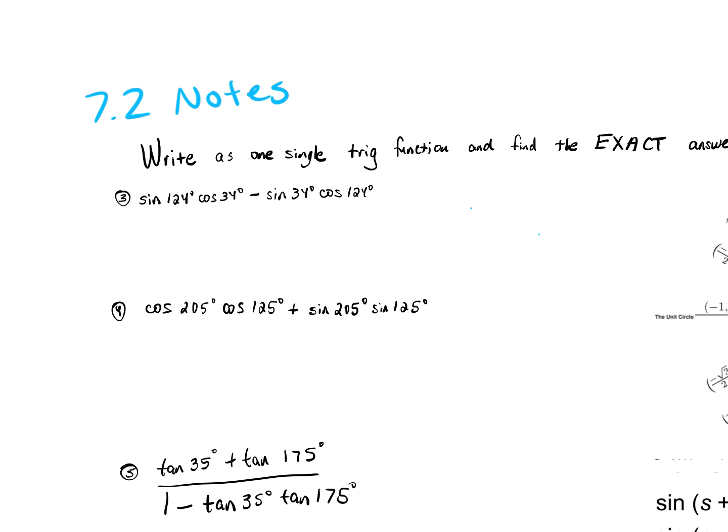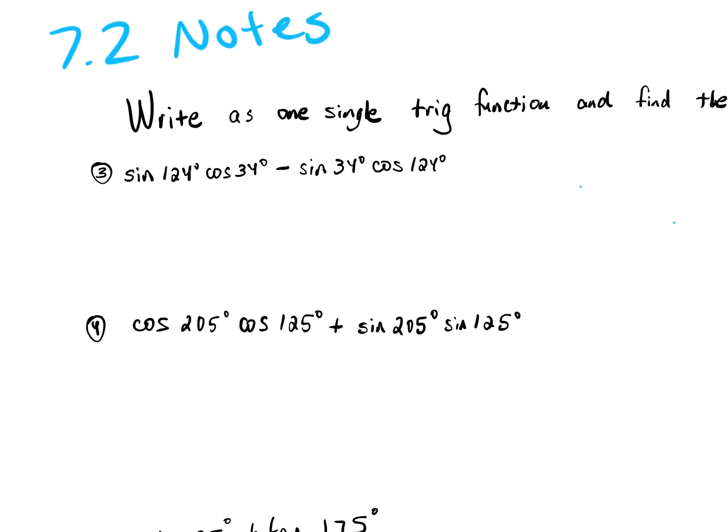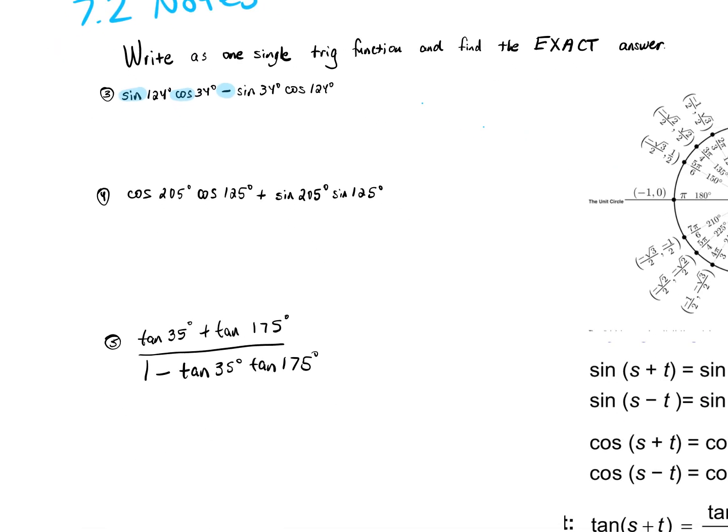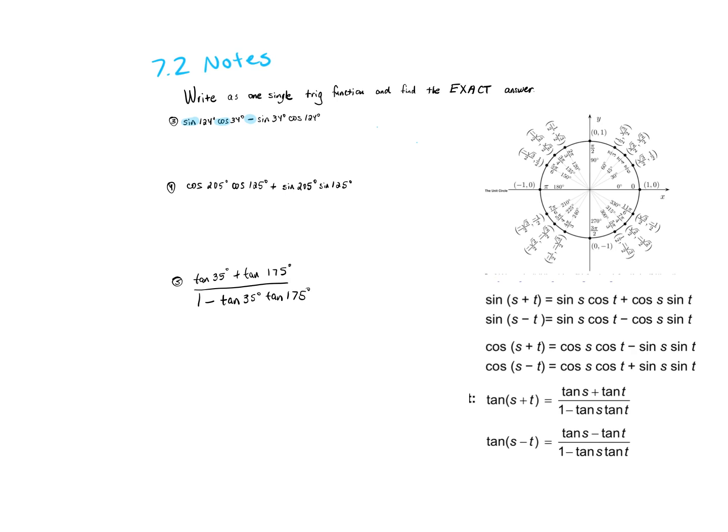But here we want to write as one single trig function and find the exact answer. For number 3, we want to see which formula goes sine, cosine, and has a minus in the middle. Which formula goes sine, cosine, and has a minus? Sine s minus t.